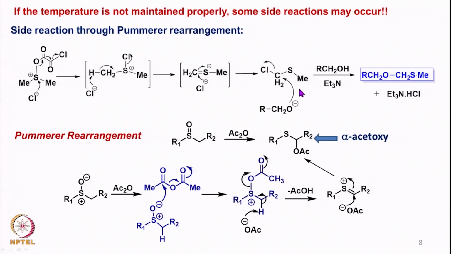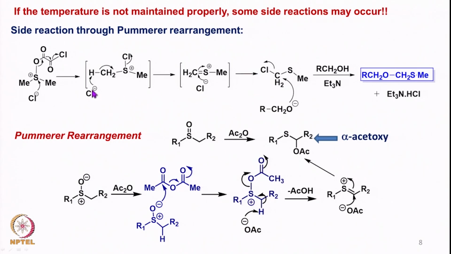But this particular species is basically due to the rearrangement which is similar to what is called the Pummerer rearrangement. In the Pummerer rearrangement, for example, here when DMSO reacts with acetic anhydride, then O minus reacts with the carbon of the acetic anhydride to form this intermediate, and of course acetate ion will come out.